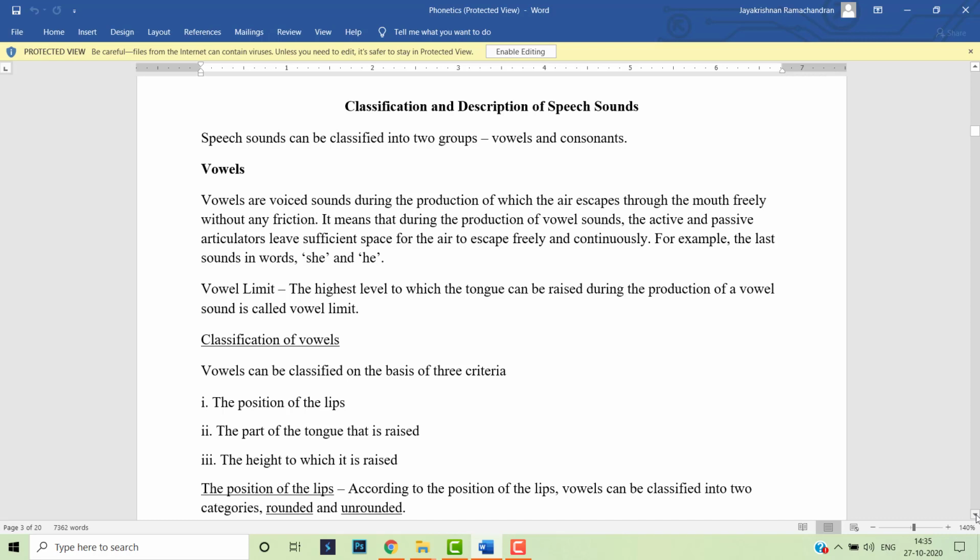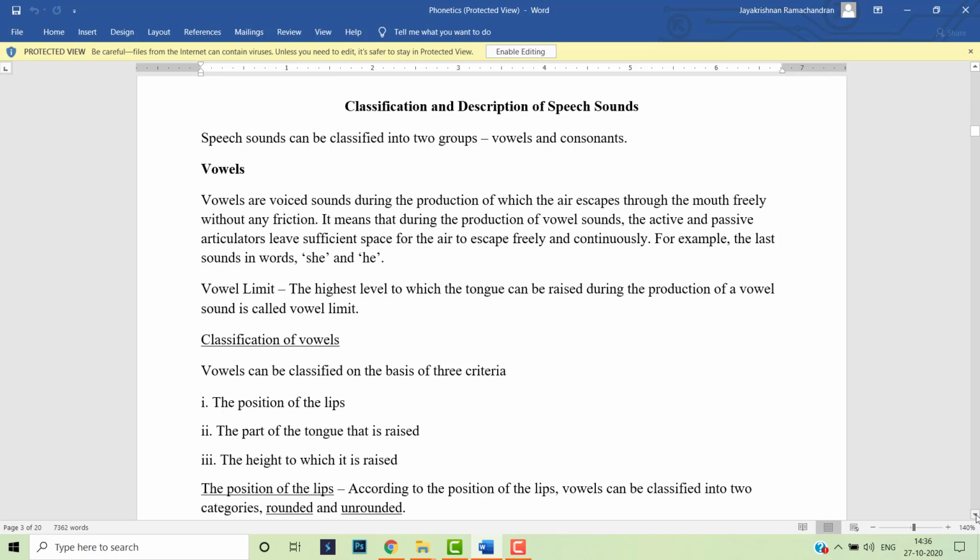That is what we need to understand next. We said there are active articulators and passive articulators, and we know which are active and which are passive. Here, a free passage through the oral cavity means the active and passive articulators will leave enough space between them for the air to escape freely. So it means that during the production of vowel sounds, the active and passive articulators leave sufficient space for the air to escape freely.